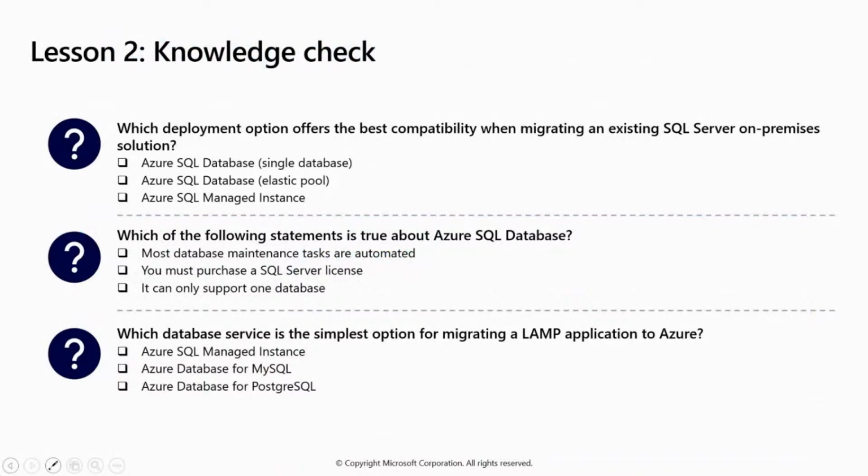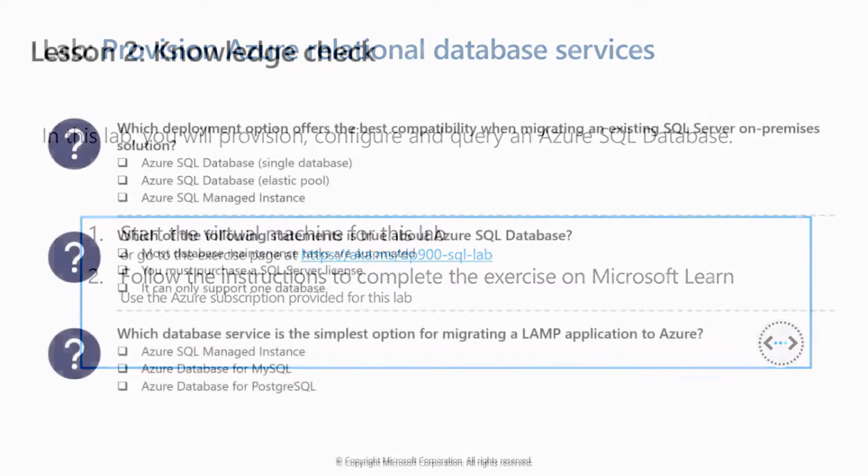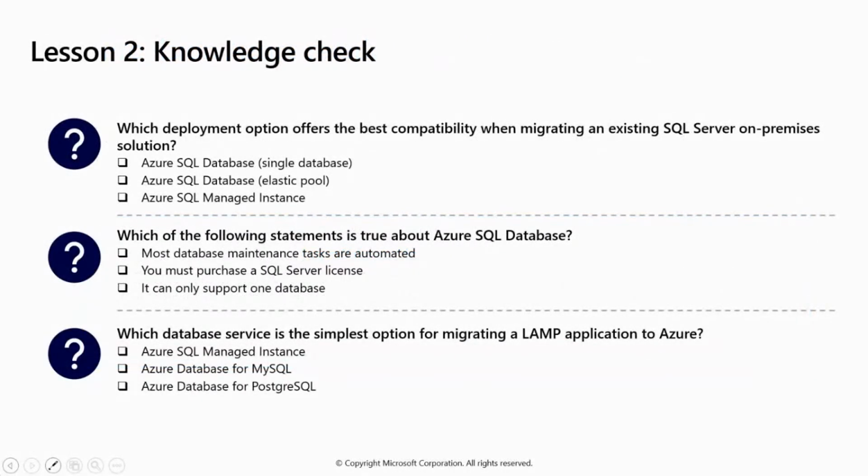For this particular session, labs are not being covered because labs would be a hands-on session. But for the DP-900, in these planned sessions, we are just going through the concepts. Okay, which deployment option offers the best compatibility when migrating an existing SQL Server on-premises solution? Which of the following statements is true about SQL database?